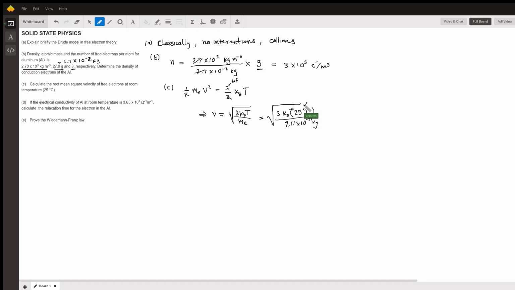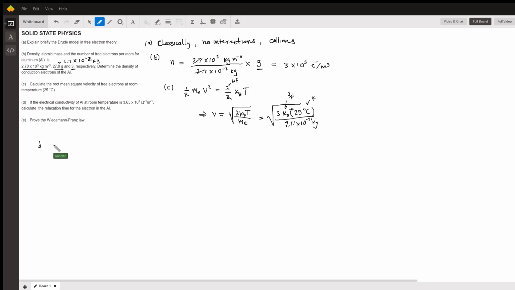Use standard units for everything. It depends on what kind of kB, but you want to use joules per Kelvin here, so you're going to convert this to Kelvin.